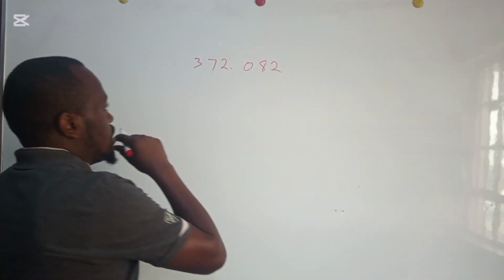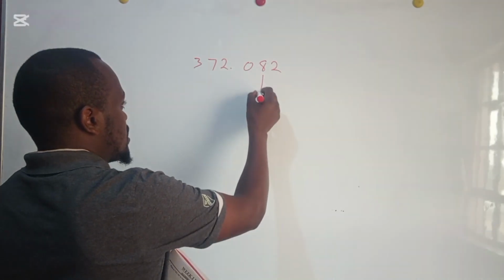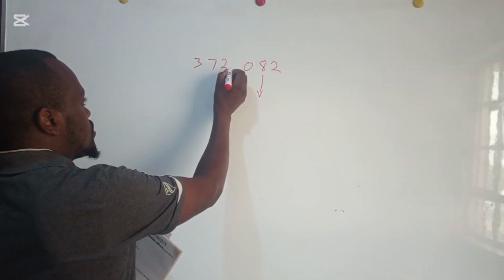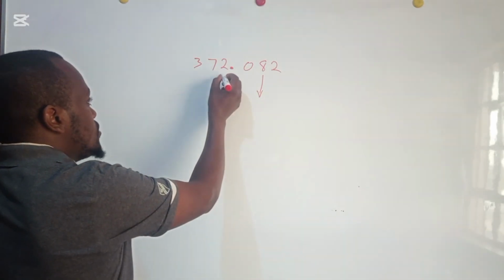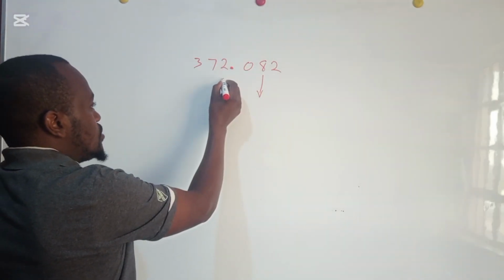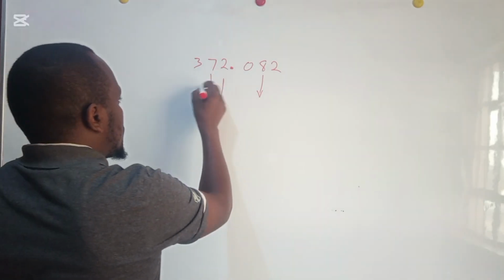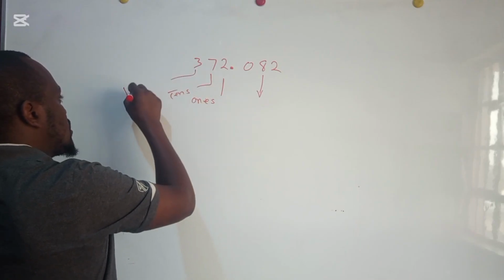So you are being asked about the place value of digit 8. Remember, we had done without the decimals. Without the decimal, going this way, this one is ones, tens, and this one is hundreds.